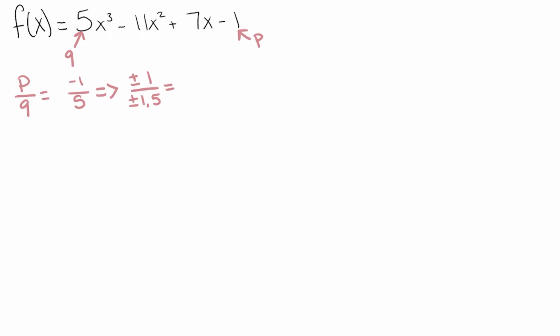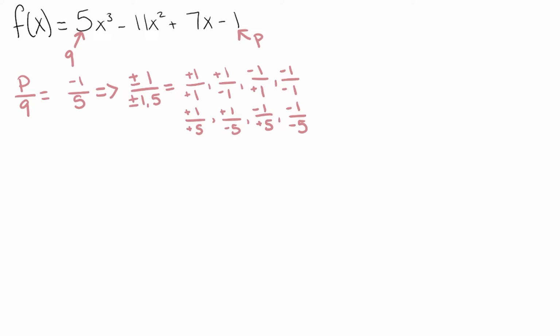So our possible rational roots are positive 1 over positive 1, positive 1 over negative 1, negative 1 over positive 1, negative 1 over negative 1, positive 1 over positive 5, positive 1 over negative 5, negative 1 over positive 5, and negative 1 over negative 5.